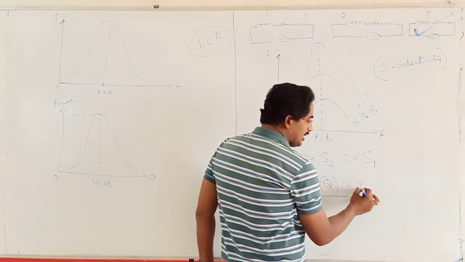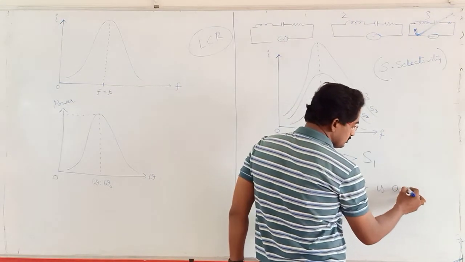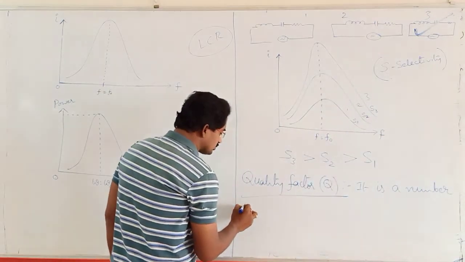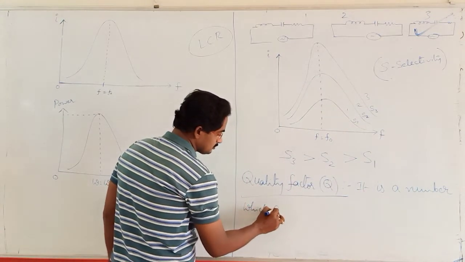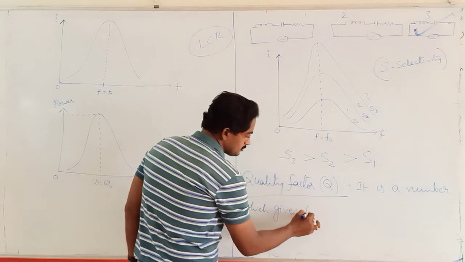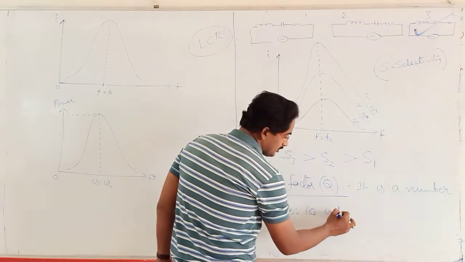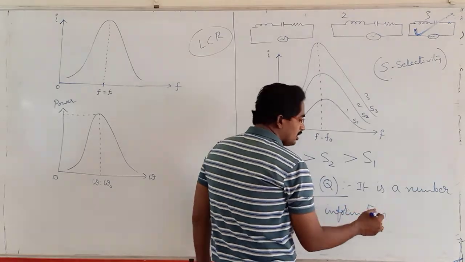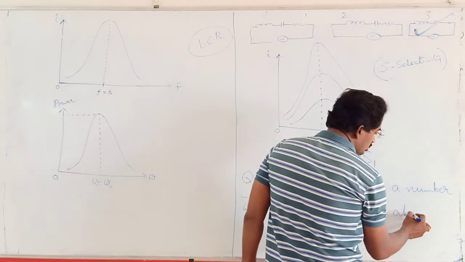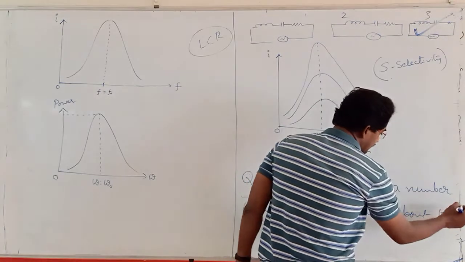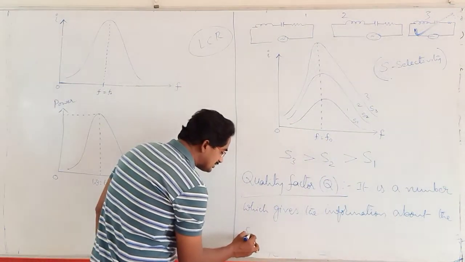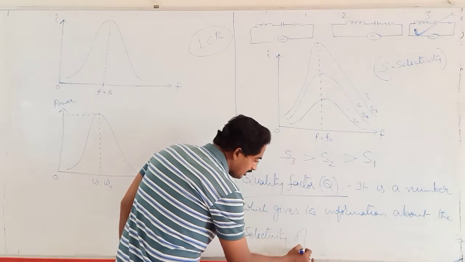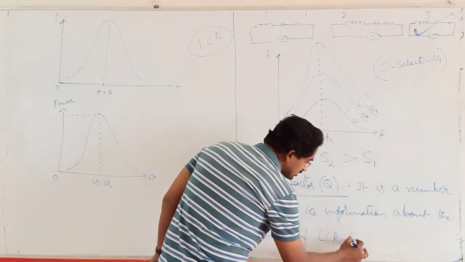It is a number which gives the information about the selectivity of LCR circuits.